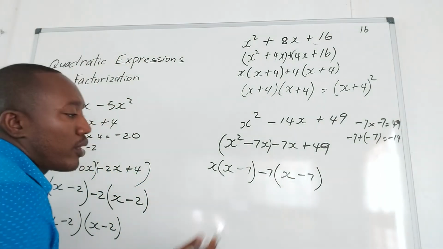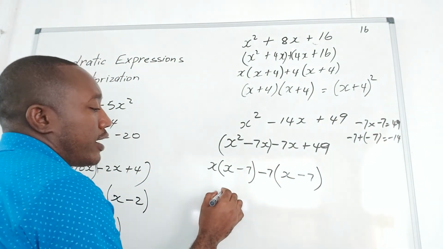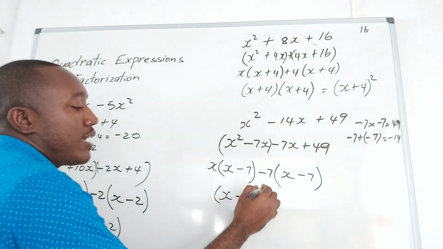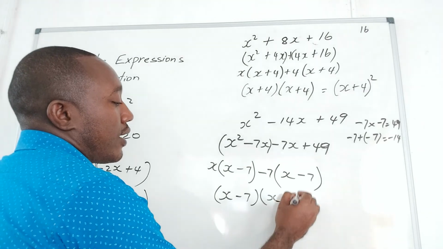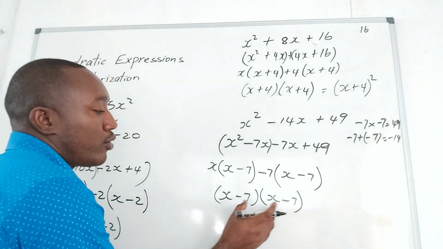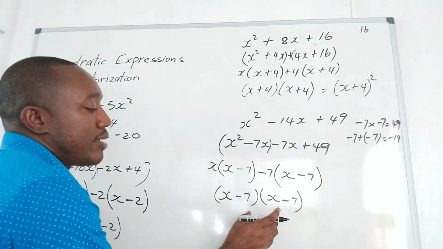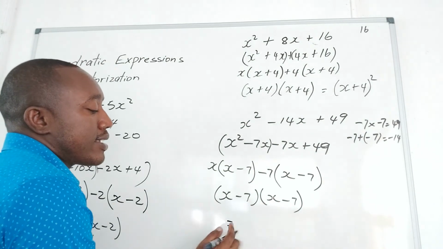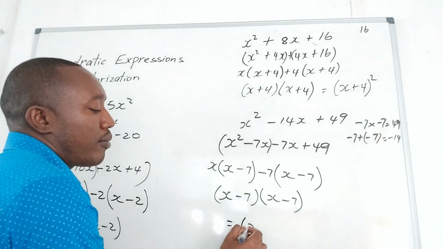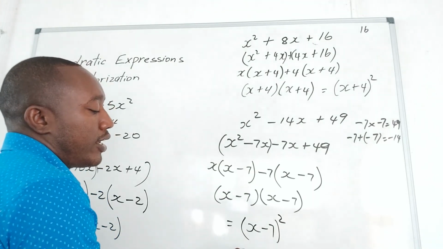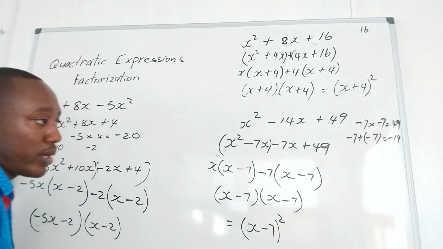So we put our factors in one bracket: x minus 7 times x minus 7. The brackets are similar, so we could write it as x minus 7 squared. And here we have another perfect square.